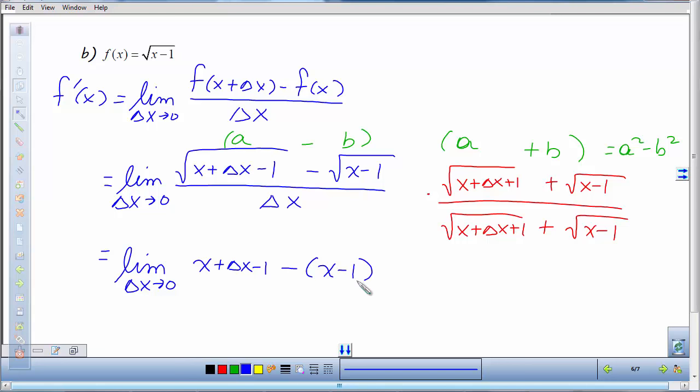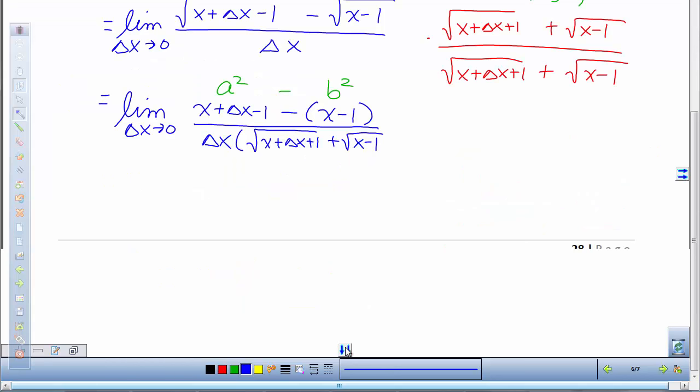The same thing, we've got here a squared minus b squared. And my denominator is going to be delta x times the square root of x plus delta x plus 1 plus the square root of x minus 1.